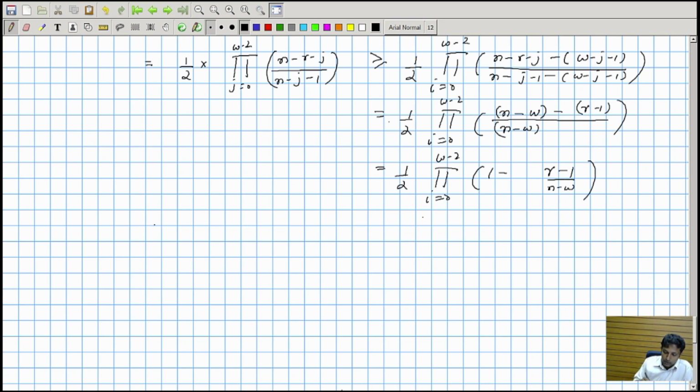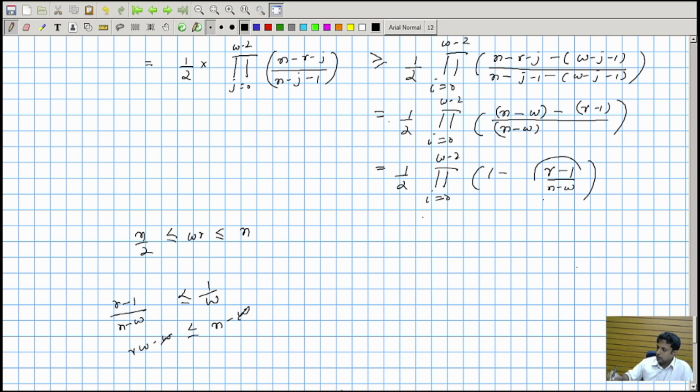We had this inequality that WR lies between N by 2 and N. So R minus 1 by N minus W is going to be less than 1 by W. That's clear because this just means RW minus W is greater than or equal to N minus W, which is true.